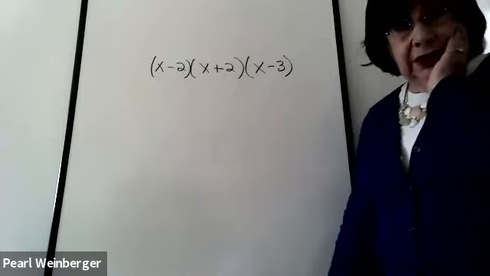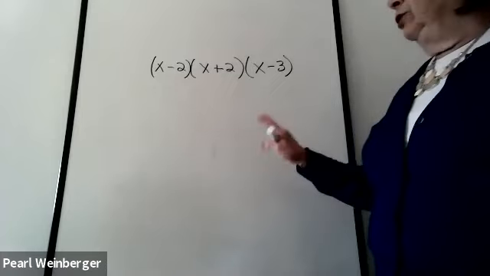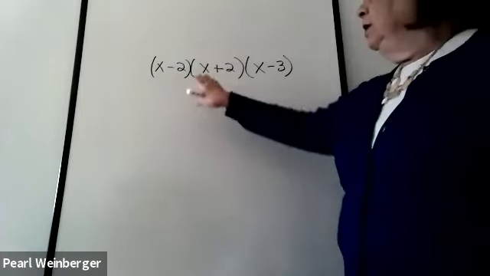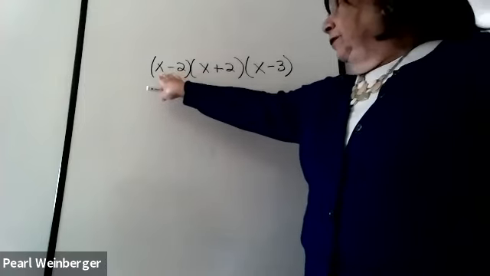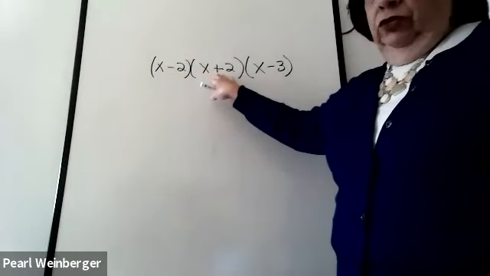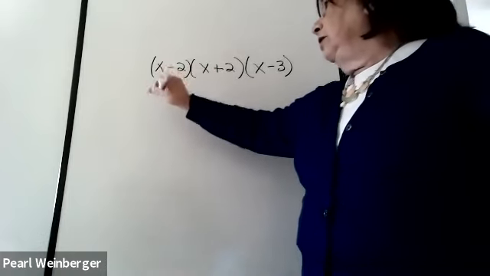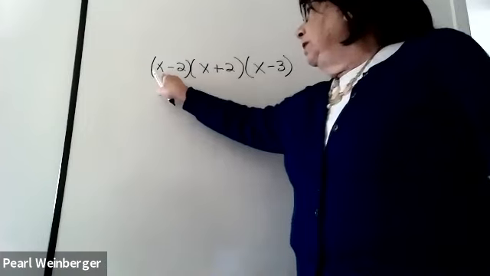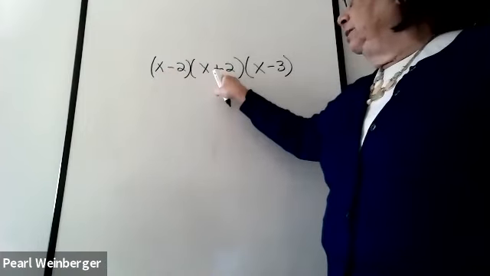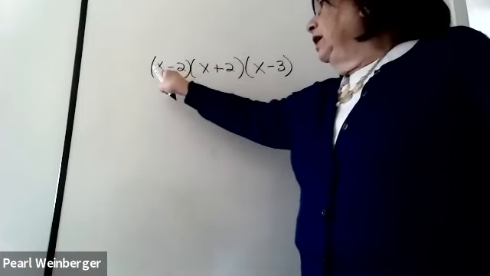How do I go about doing it? Not so hard. You just take your first 2 polynomials and multiply them together. So I'm going to multiply the x minus 2 times the x plus 2. Look at what we're getting.